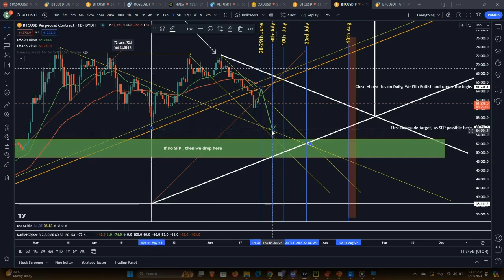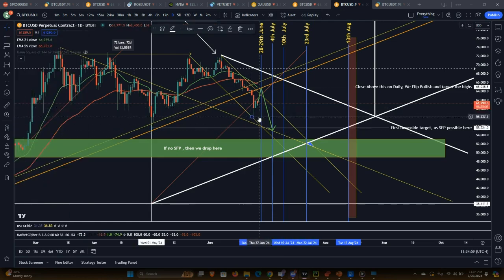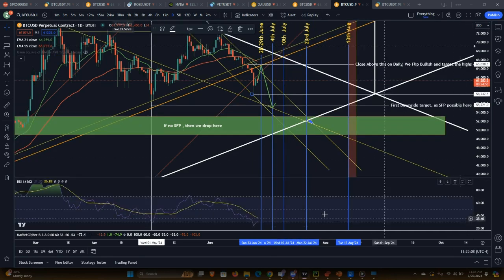And if we are able to get an SFP of this low, and then finally are able to close above this low, like we test this one and then close back up with an SFP, that would be really bullish, because by that time we'll likely have some kind of bullish divergence happening on the daily time frame.